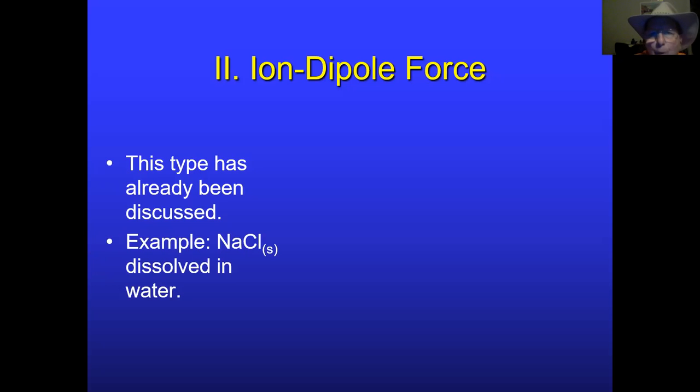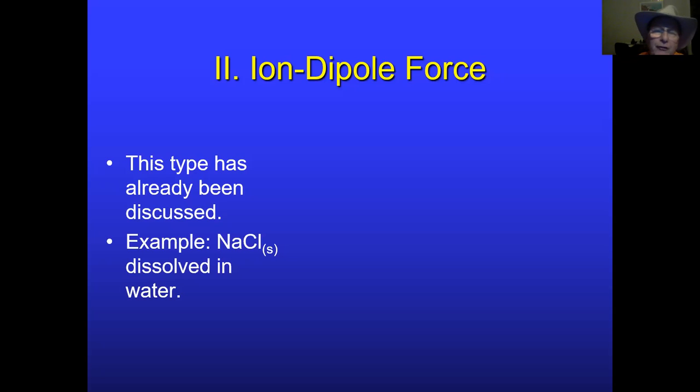So an example of an ion dipole force would be taking table salt and putting it in water. The sodium is going to be attracted to the oxygen end of the water. And as a matter of fact, there are tons of waters that go to surround this sodium.